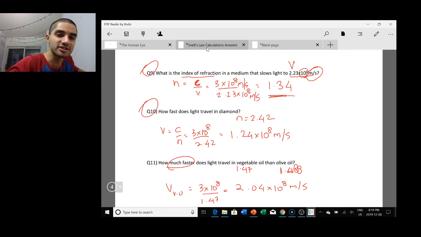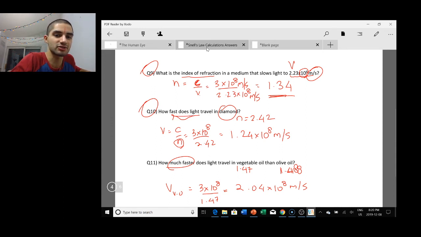The second question is how fast does light travel in diamond? Yes, Aman, only the table for convex applications. How fast does light travel in diamond? For diamond, you have to know the refractive index n, and you know that because I will give you the refractive index chart that you will look up, and it is 2.42.